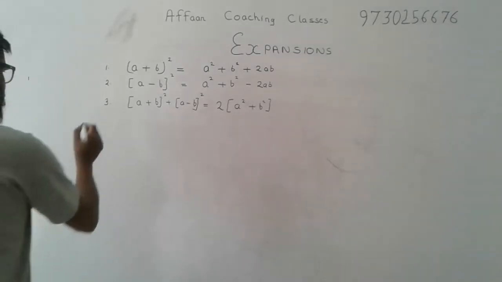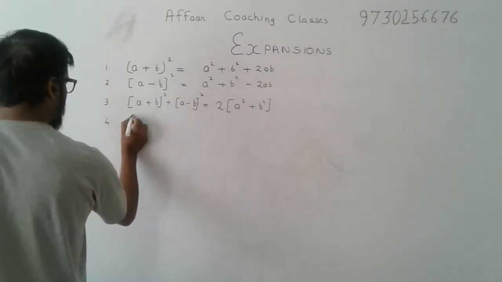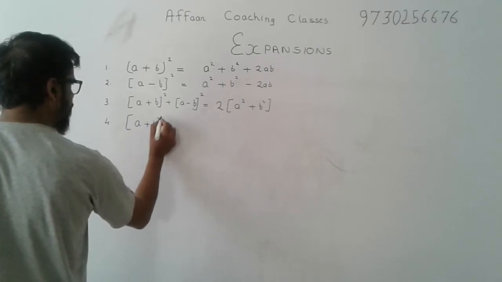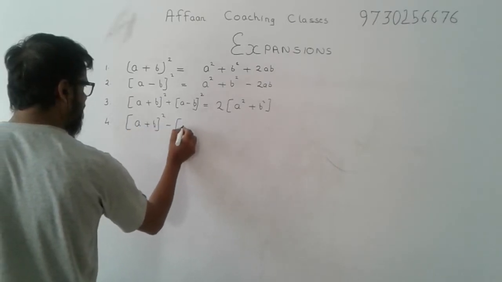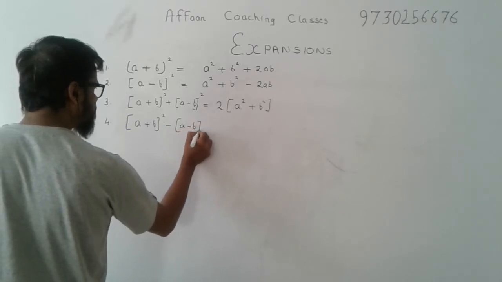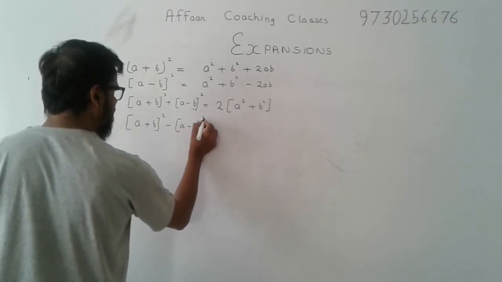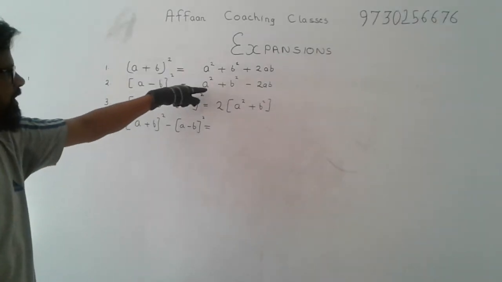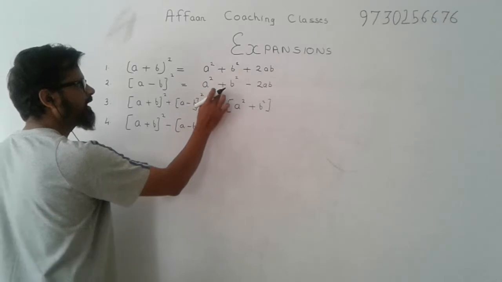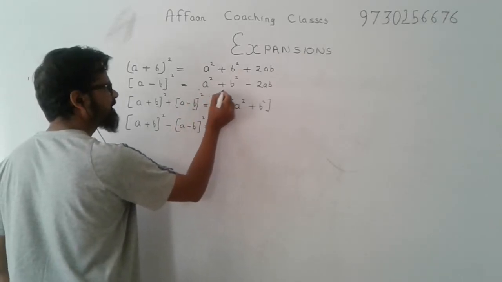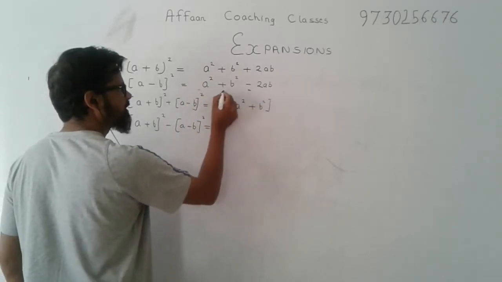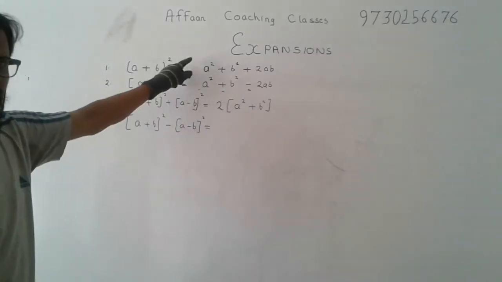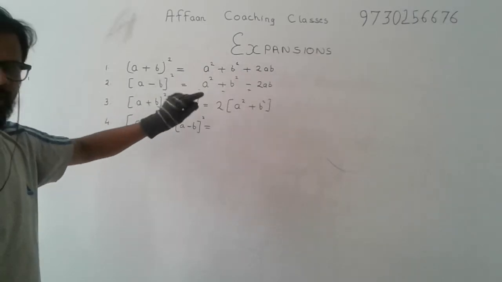Now, let's move on to the fourth formula where you're going to have (a plus b) whole bracket square minus (a minus b) whole bracket square. Okay? Now, you're going to subtract these two terms. Whenever you want to do the subtraction, the sign of the second term changes. This will become minus, this will become minus, and this will become plus. So a square minus a square will become 0, nothing is left.